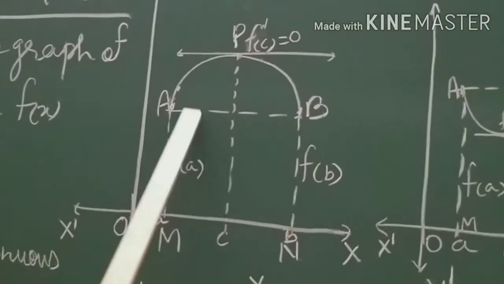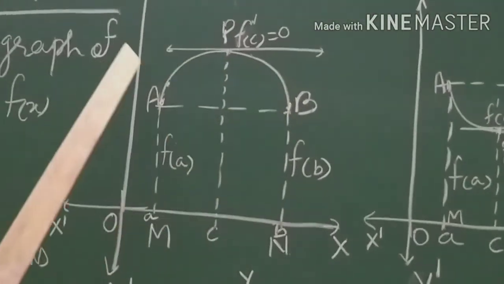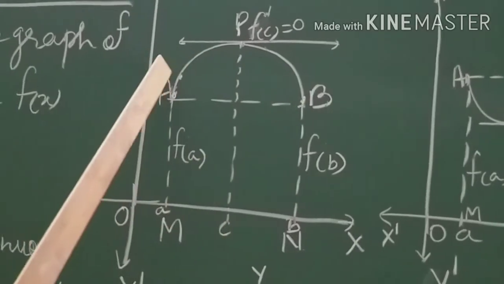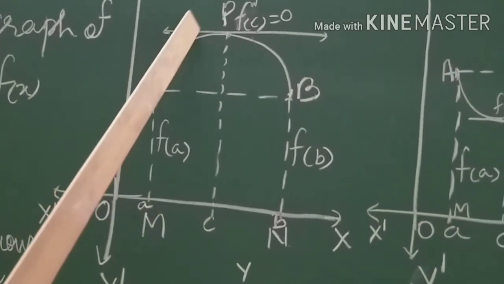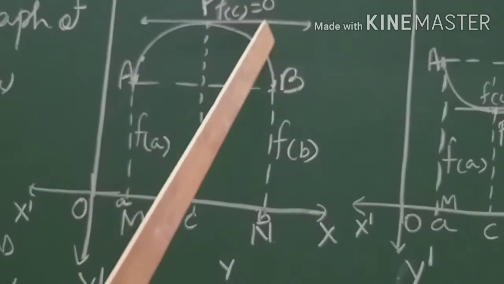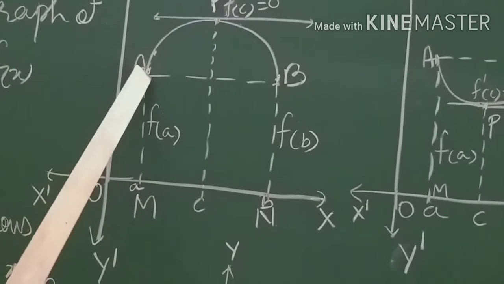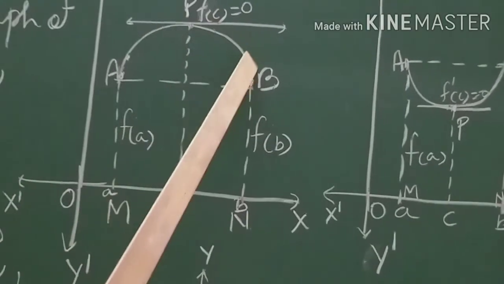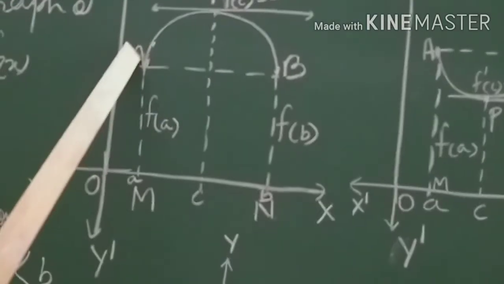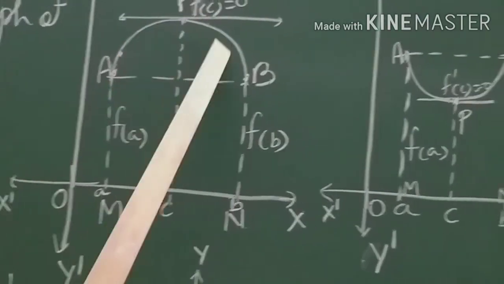In this graph, there are many points between a and b, and at every point we can draw a tangent. It means the function is differentiable in the open interval a to b.